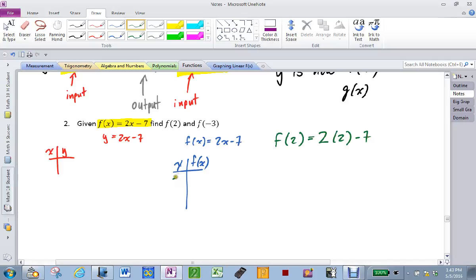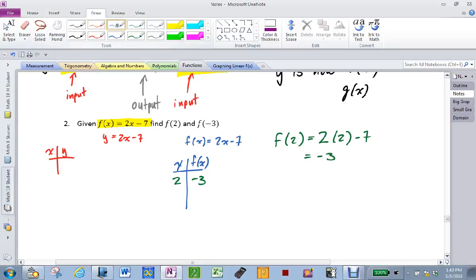So when I input 2, what is my output? -5. Oh, x. 2 times 2, 4 minus 7, -3. Is everyone good? Great.